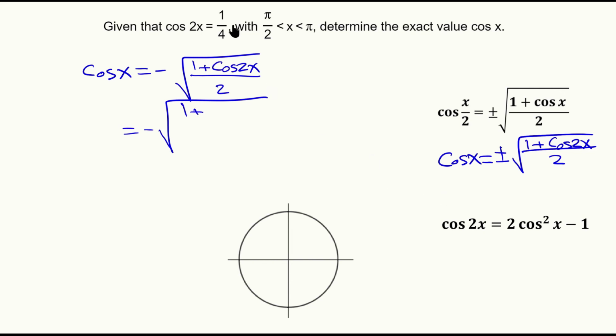So we're going to get a negative square root of 1 plus, we know the cosine of 2x is 1/4, over 2. Now you know what to do with that.